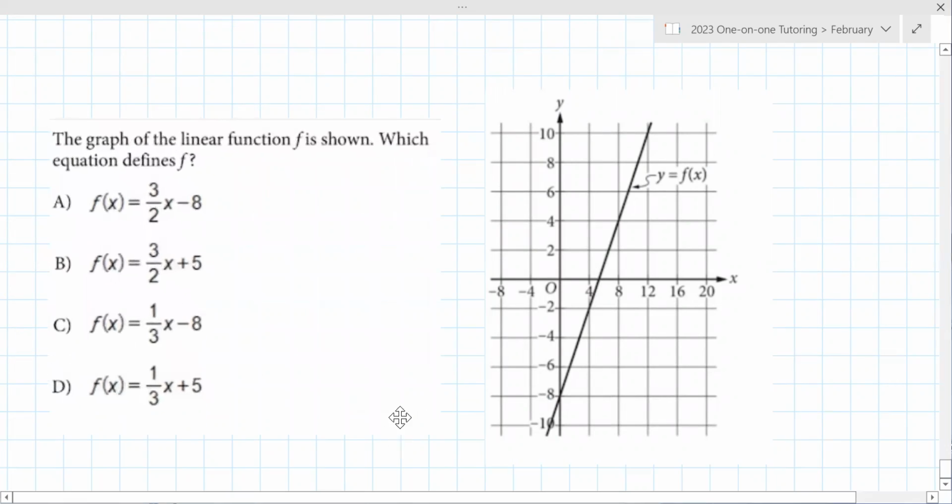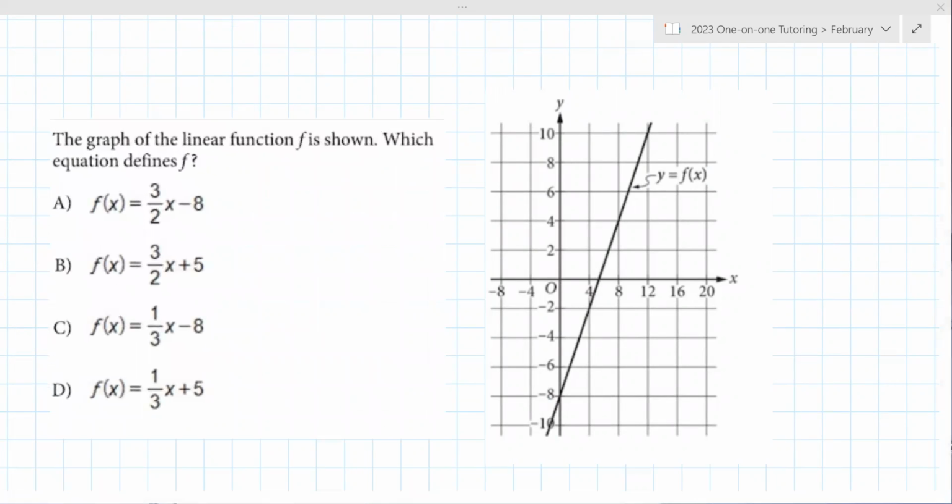All right, here we go. Another one for you to look at. See if you can come up with the right answer here. I'm going to go with A. Okay, so a little uncertainty here.